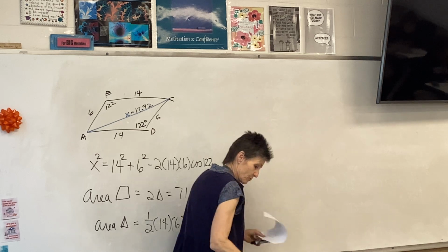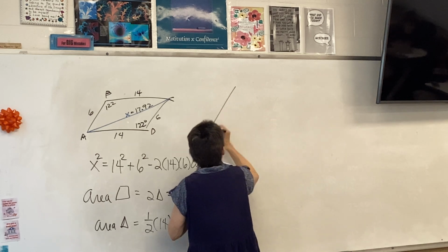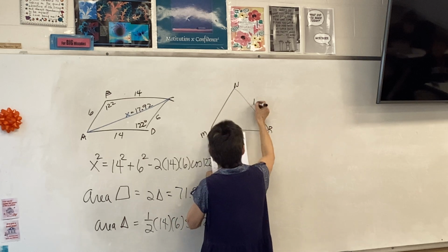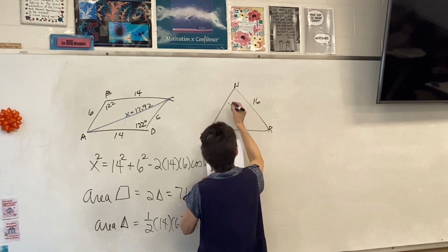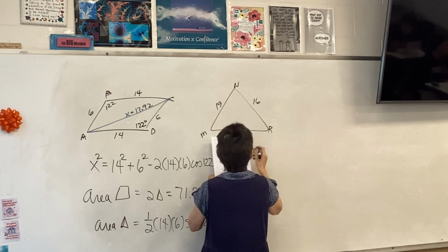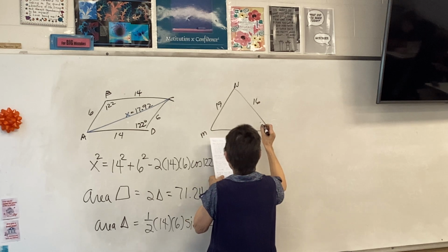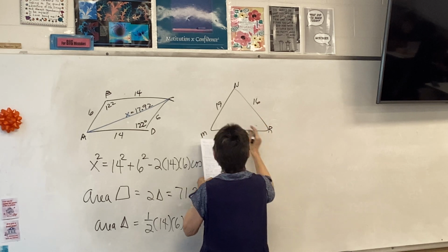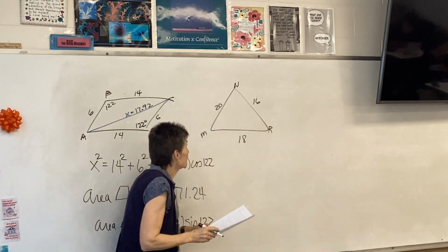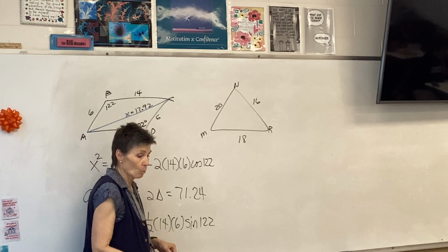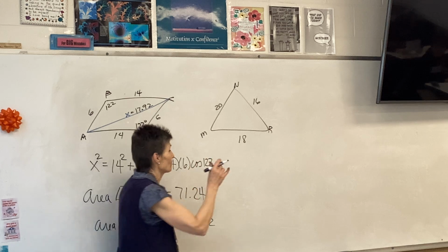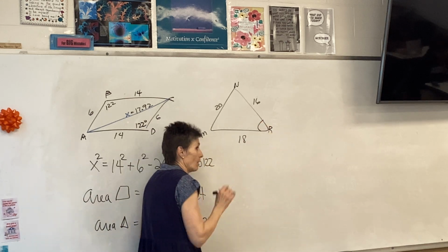Let me draw this triangle, M, N and R. M is 16, N is 18, and R is 20. How do you find an angle? Which angle am I looking for? Angle R, because it's opposite the biggest side.